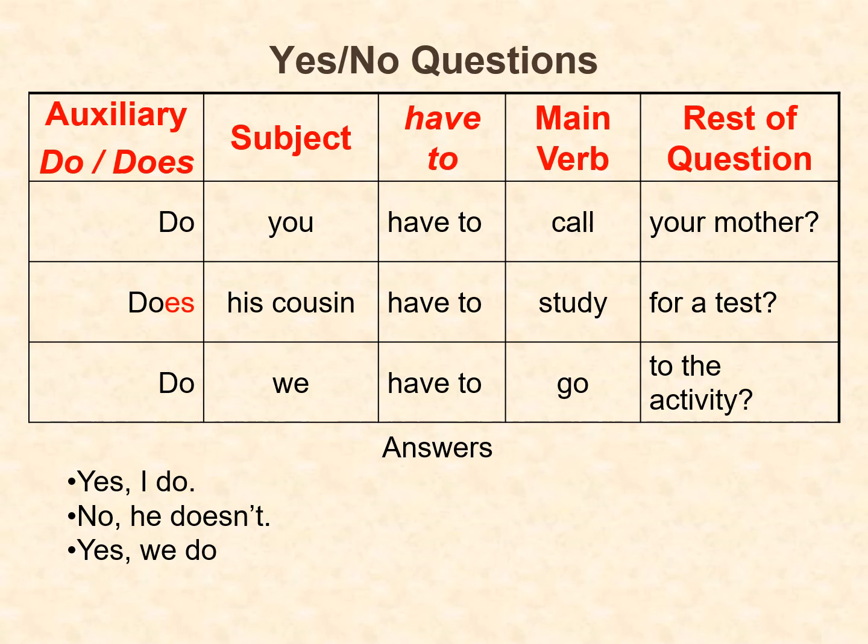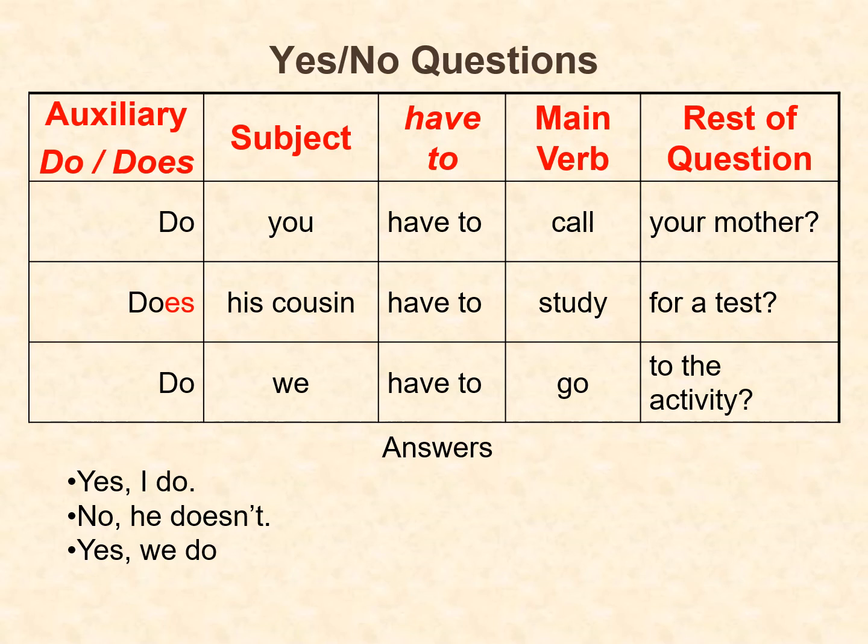When answering these questions, if you answer in the affirmative, we get yes, I, you, he, she, it, etc. Do or does, depending on the pronoun used. In the negative, no, I don't, no, he doesn't.